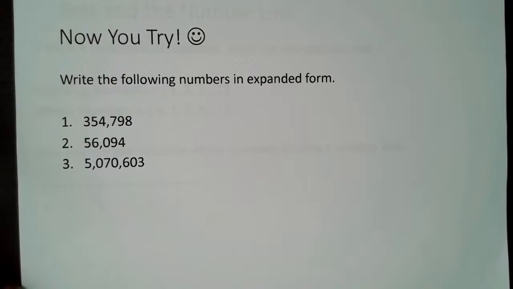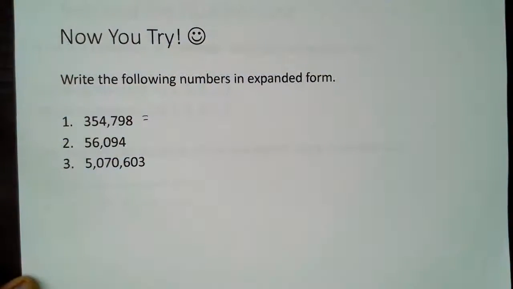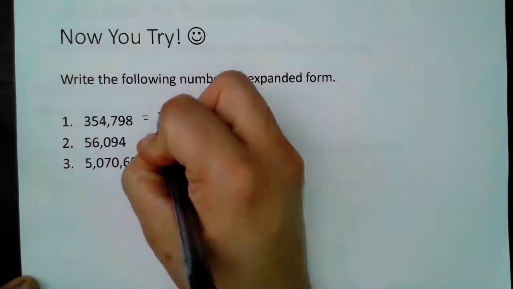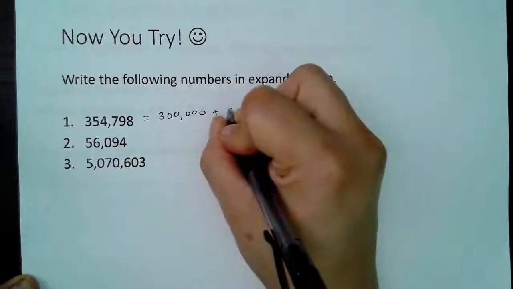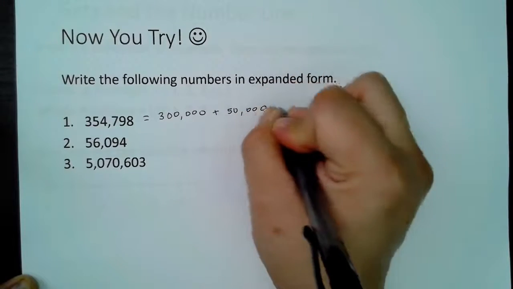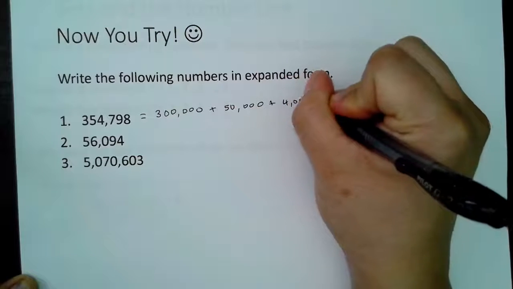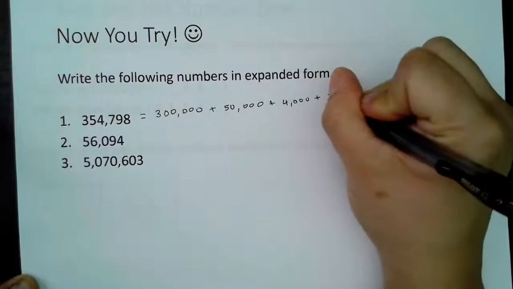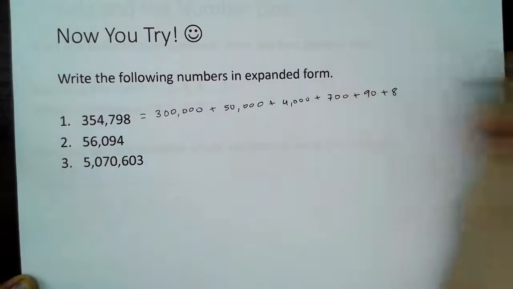Okay. Alright, so let's go ahead and go over the answers. This is 300,000 plus 50,000 plus 4,000 plus 700 plus 90 plus 8.